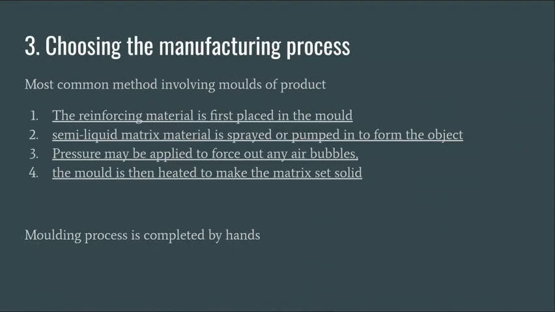So if you would want to make a helicopter wing composite, you would have a mold of that helicopter wing that you want. So the reinforcing material is first placed in that mold. So that second material that you put in, that carbon or that glass, is put in the mold.